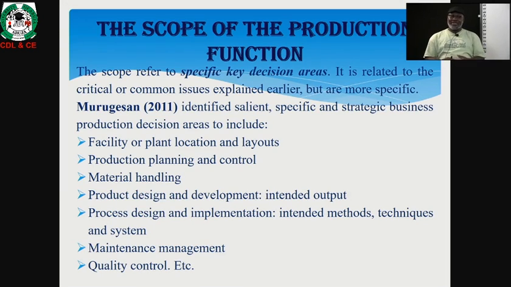Another key critical area of the production function includes production planning and control. For production to take place, the business must diligently and carefully decide in advance what to do. By deciding in advance what to do, the business is simply planning. And in the course of planning, it is essential for the business to also put in place a monitoring and evaluation system, simply known as what?